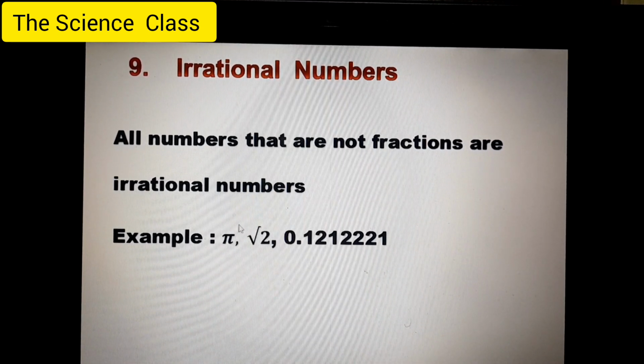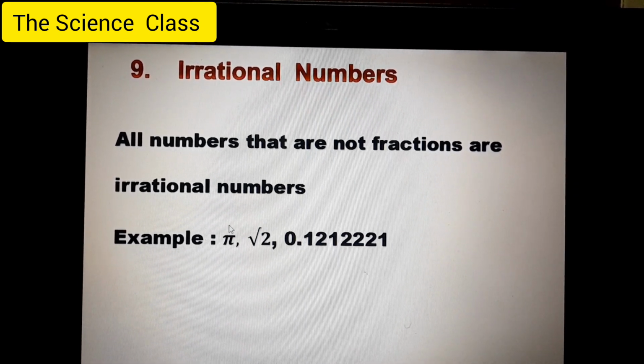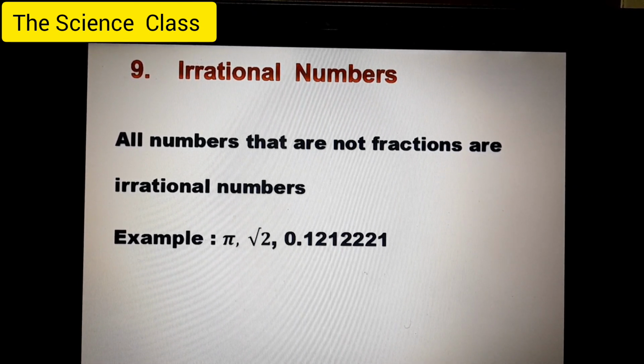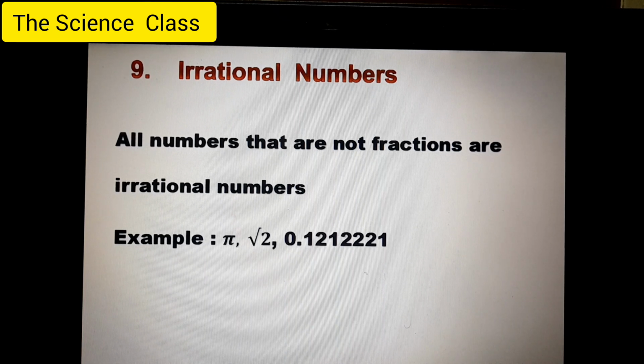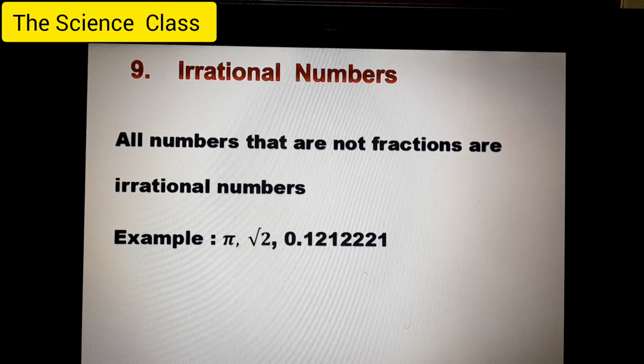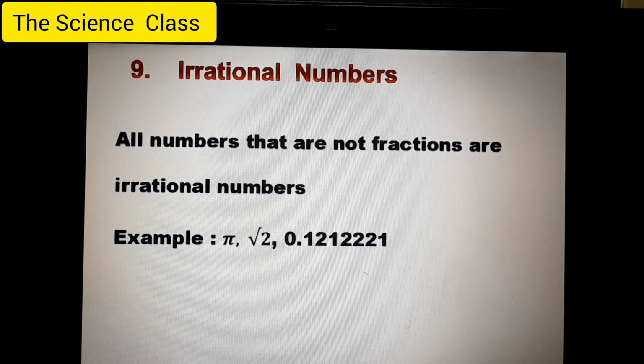Another example is the square root of 2, or 0.121221. We're going to be discussing pi and some other terms later, but just for now, we are concentrating on the types of numbers.